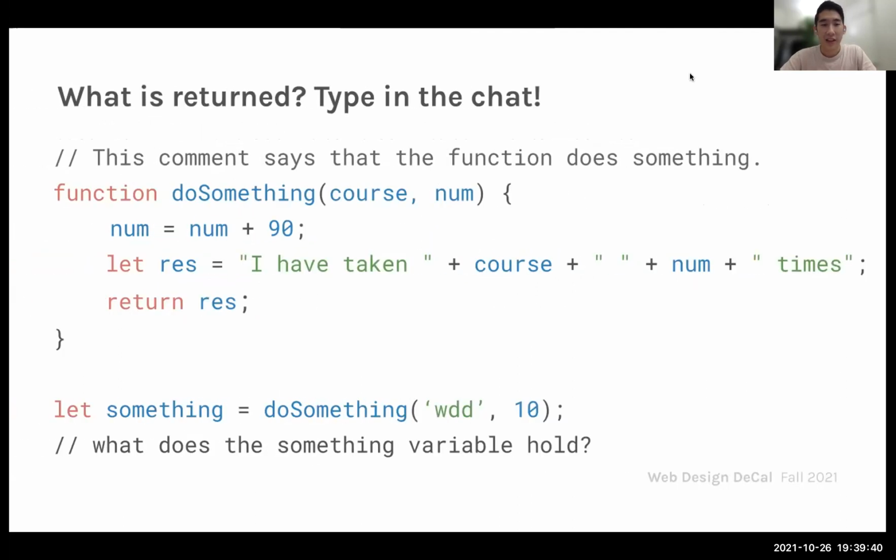I guess I lied. This is the very last thing. So the question here is what is returned, and try to type this in chat. We have this function doSomething that takes in two parameters, course and number. It does some stuff and then returns this res value. So take a couple seconds to look at this and see if you can figure out what it does and just type that in chat. I see there's already one answer.